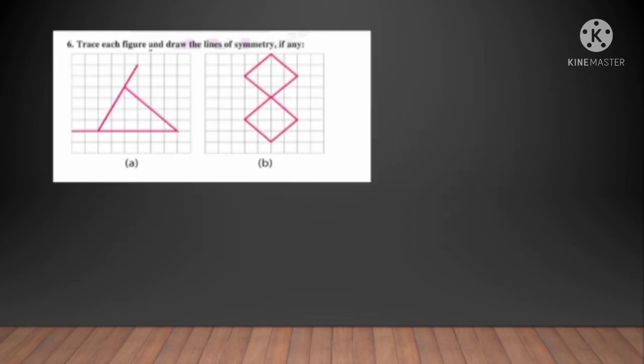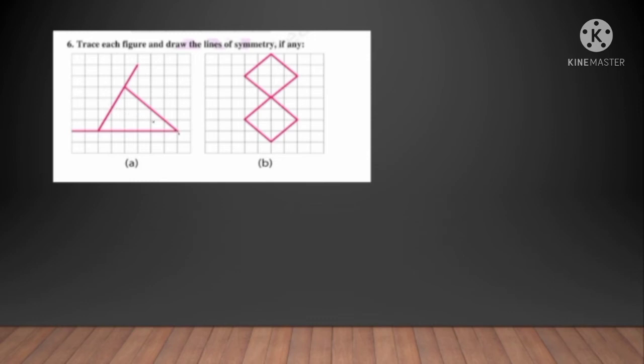Sixth question, trace each figure and draw lines of symmetry, if any. So we just have to draw this diagram and trace if there is any line of symmetry. Just look at subdivision A. Can we have any line of symmetry here?